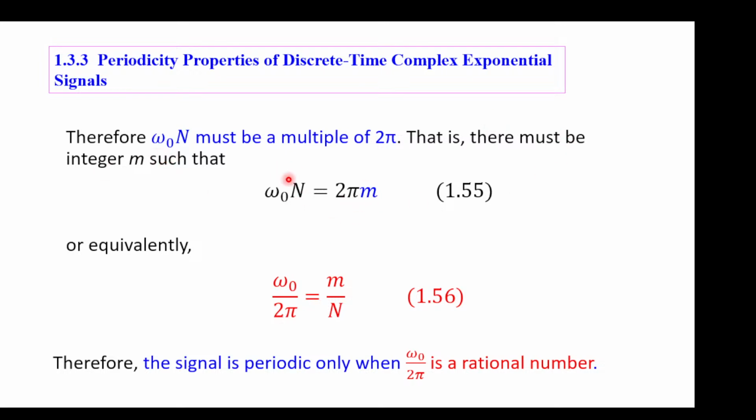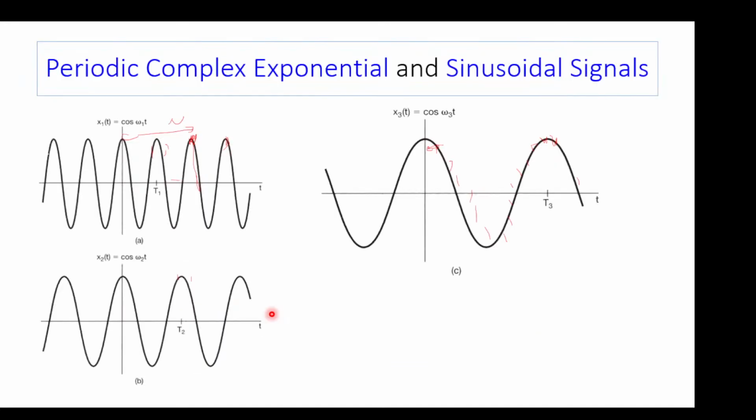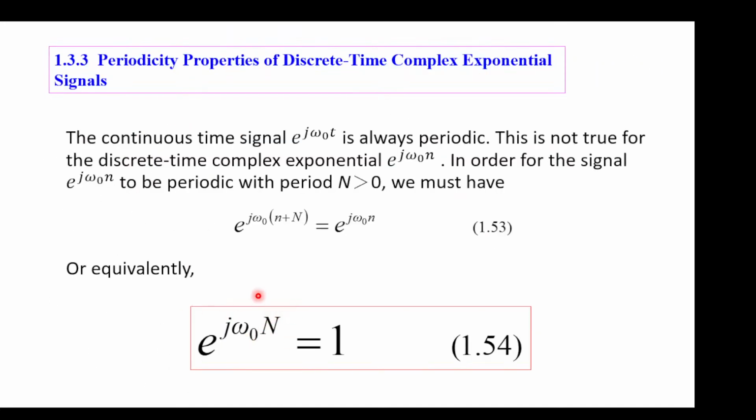Okay, so omega naught n equals 2 pi m, where big N is an integer and m is also an integer. Once again, big N is an integer because big N is a period for a discrete time signal, and the discrete signal only has points on integers. And m is an integer because you need to run back to a full circle for this thing to be 1.